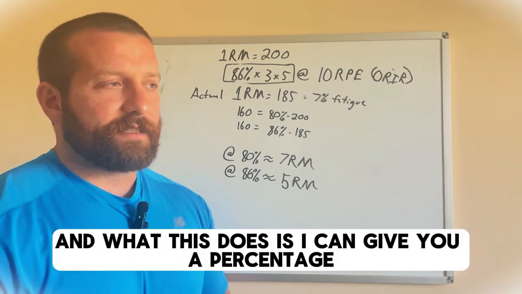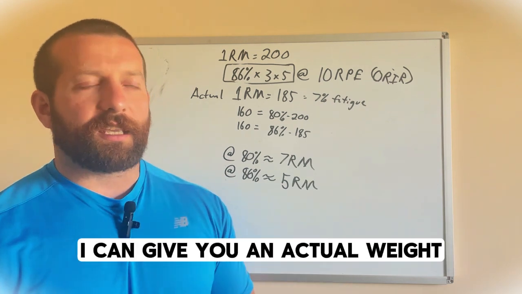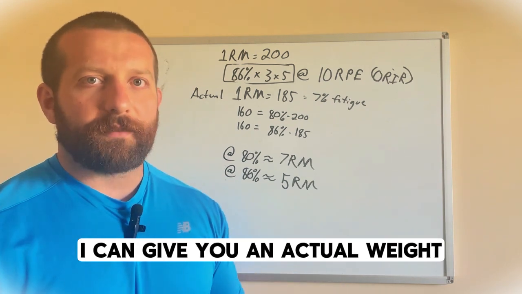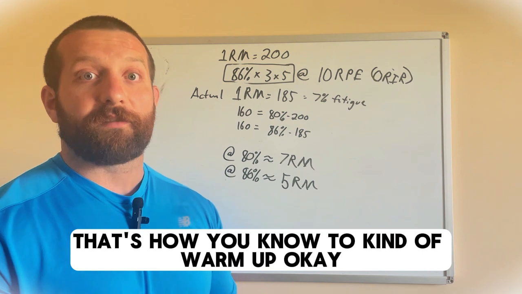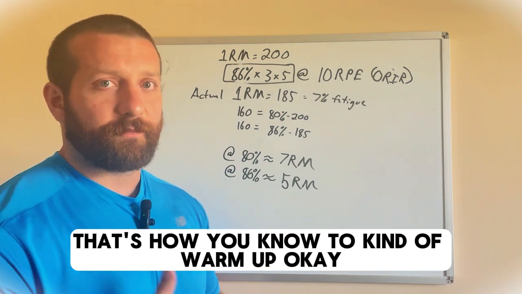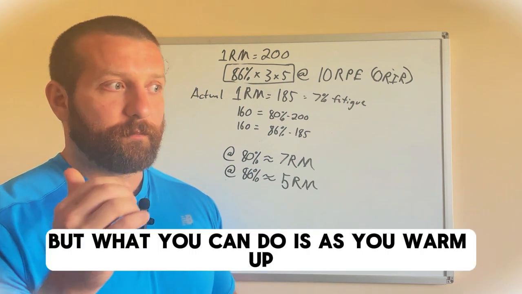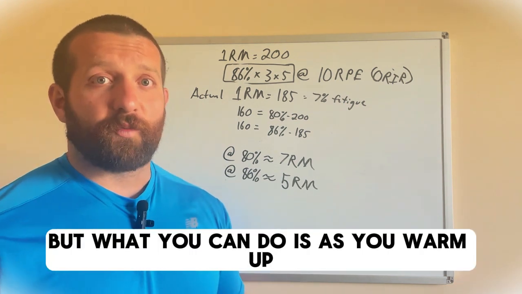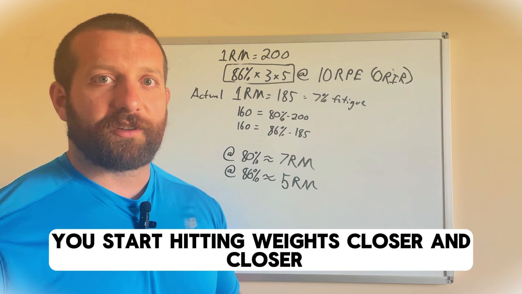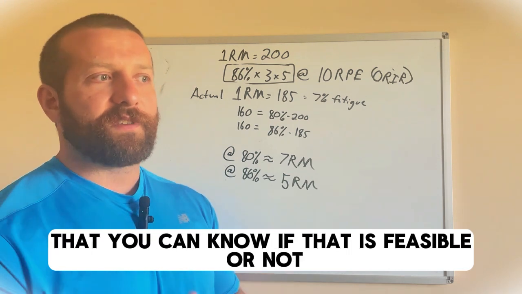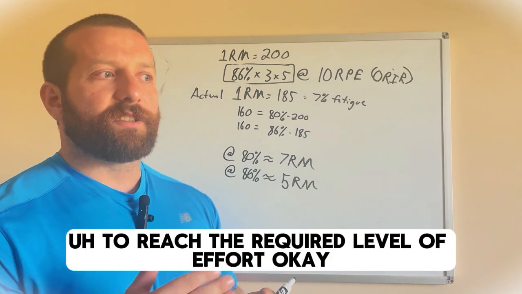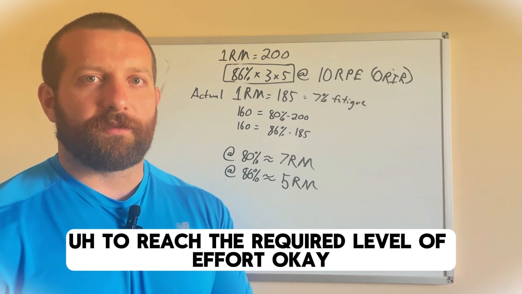I can give you a percentage, I can give you an actual weight. That's how you know to warm up, and maybe a weight that you might achieve. As you warm up and start hitting weights closer and closer to that, you can know if that is feasible or not to reach the required level of effort.